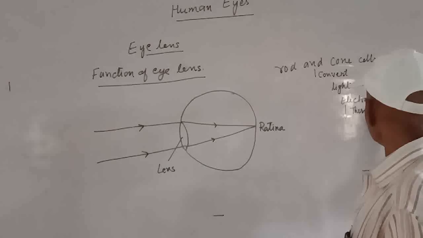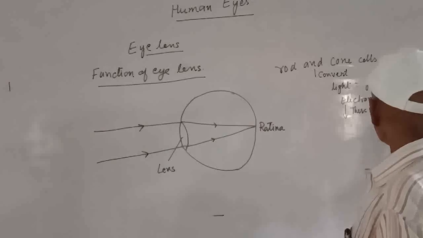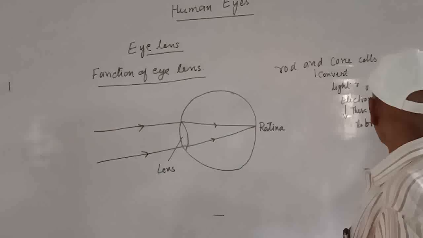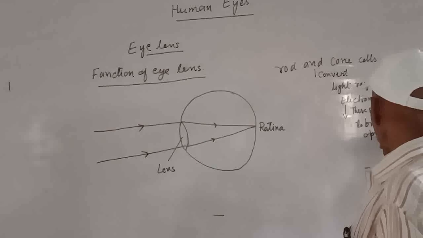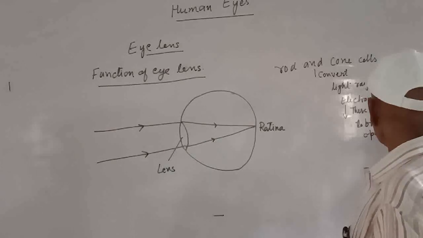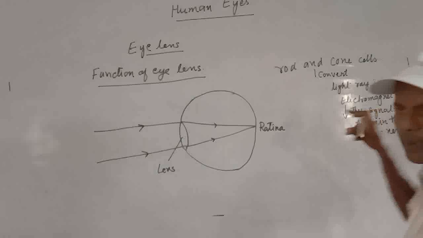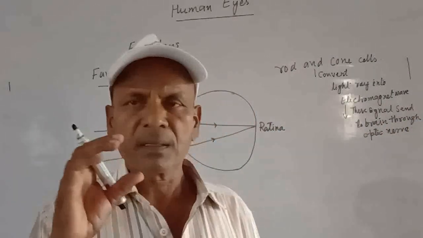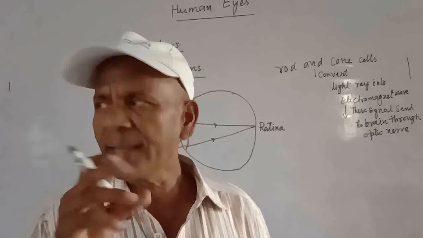These signals are sent to brain through optic nerves. Thus, the brain receives the signals and interprets the figure, and thus we can observe the image of an object.